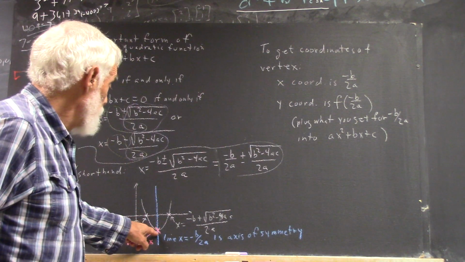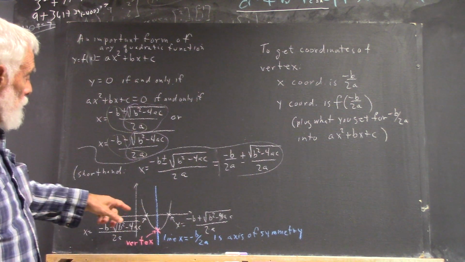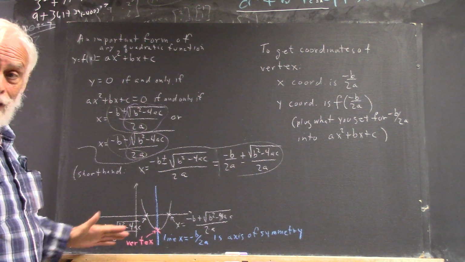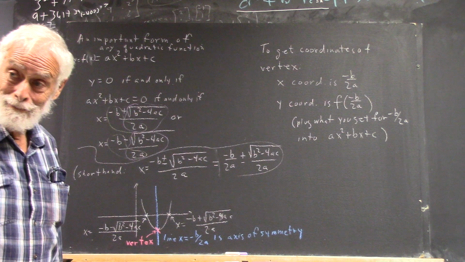If you know where the vertex is, then you know what your vertical shift was, and you know what your horizontal shift was.